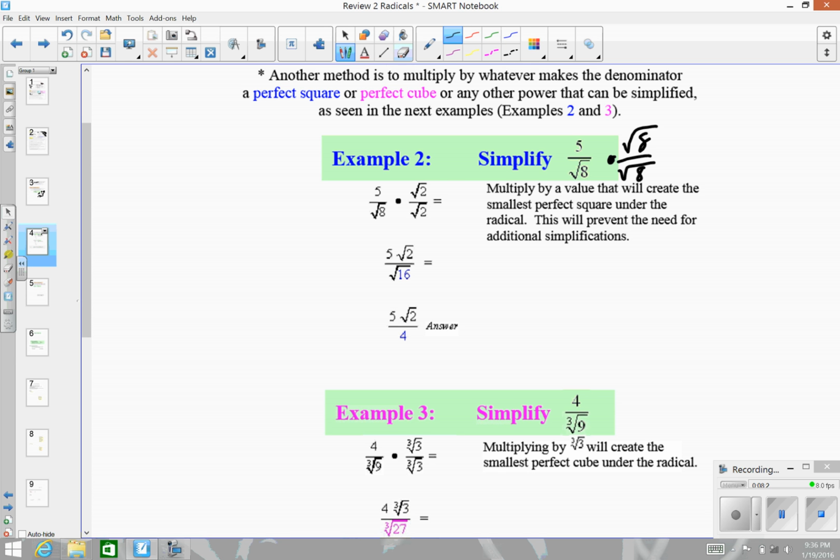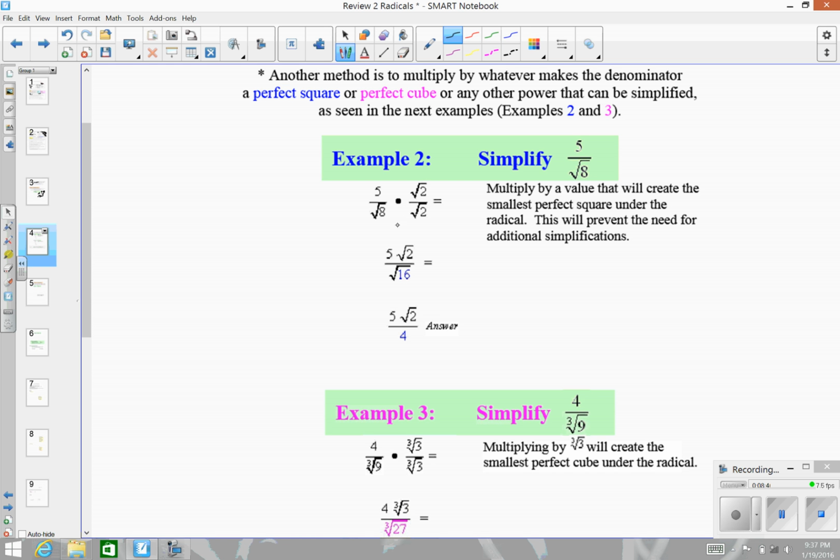So what would be better is if I went ahead and instead of multiplying by radical 8 over radical 8, multiply this 8 by a radical that will give me a perfect square number in the denominator. For example, 8 times 2 will give me 16, and 16 is a perfect square.